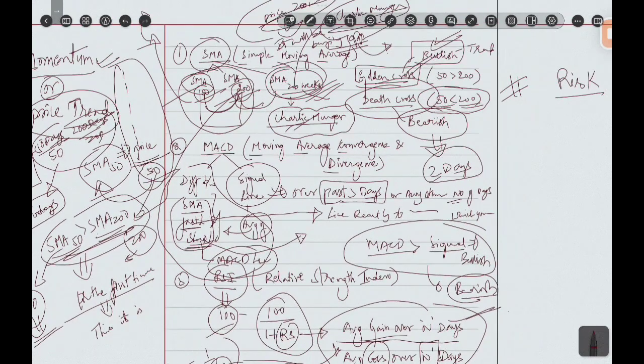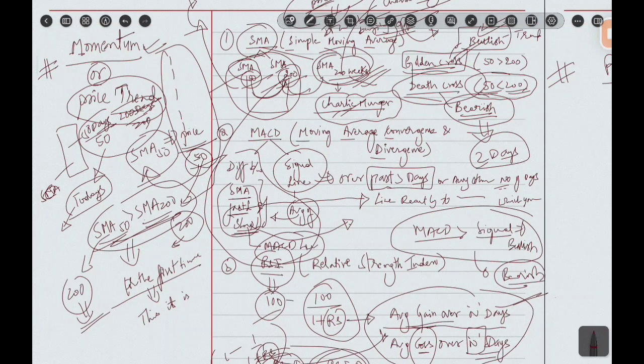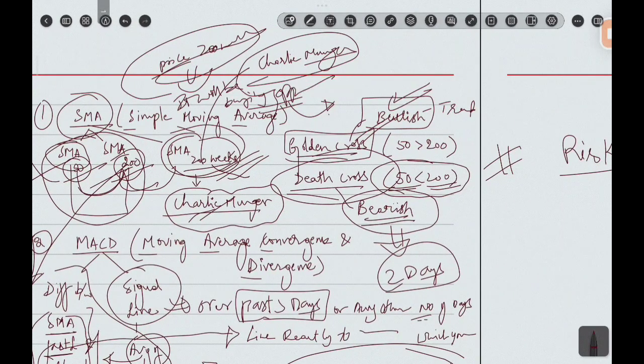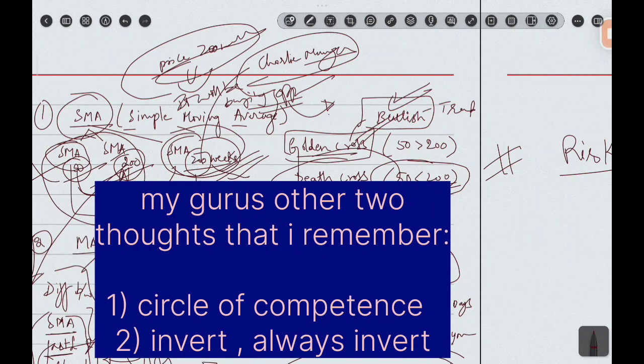And the same, if on consecutive days SMA 50 is less than SMA 200, then it is in a bearish trend. And then if I consider the last SMA, that is the 200 weeks SMA, this is inspired from the Charlie Munger mental model basically.